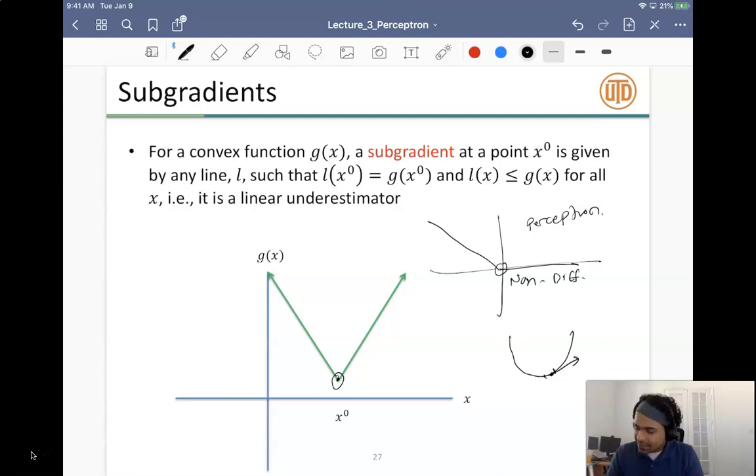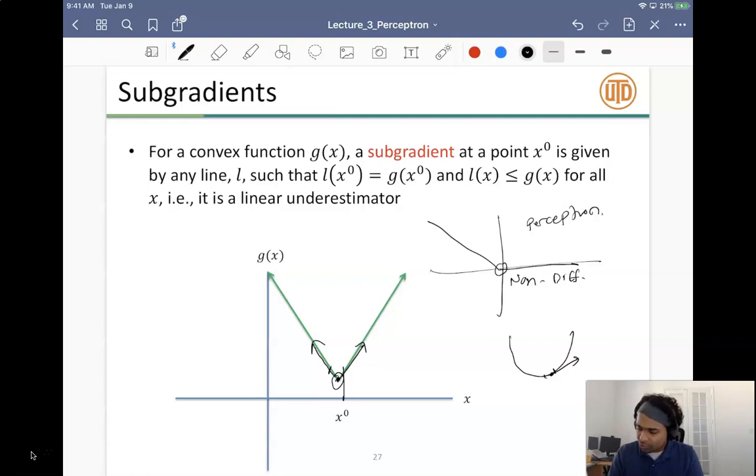The problem is that over here, if I go slightly to the right, the gradient is like this, and if I go slightly to the left, the gradient is in the opposite direction. So at the point x0, if I step slightly to the right, the gradient is one value, and if I go slightly in the other direction, it is a very different value. So the gradients are not continuous. That's why this function is not differentiable.